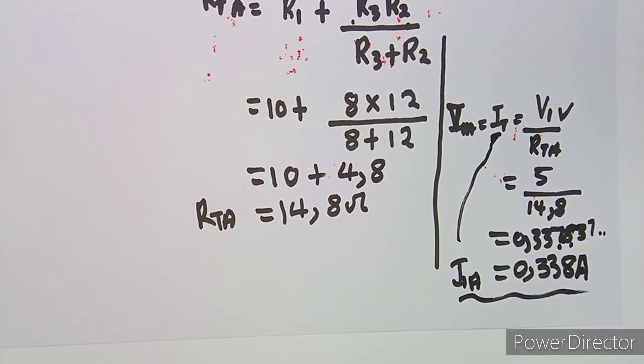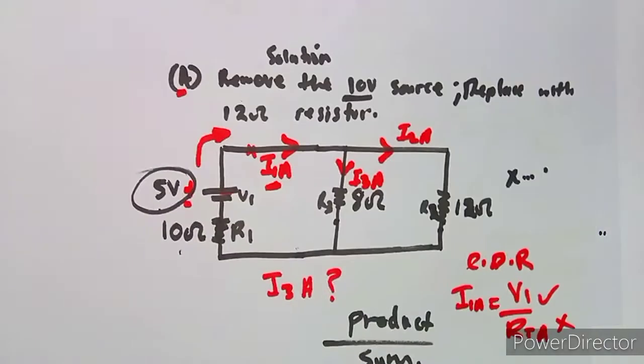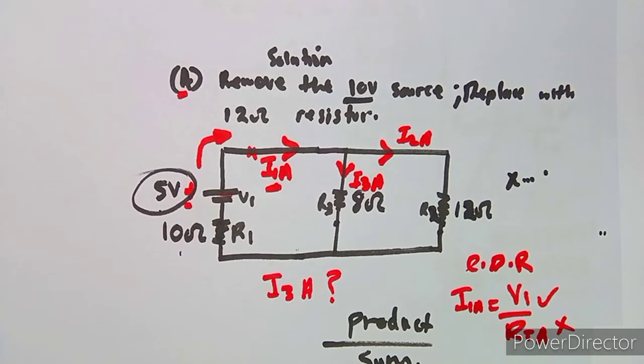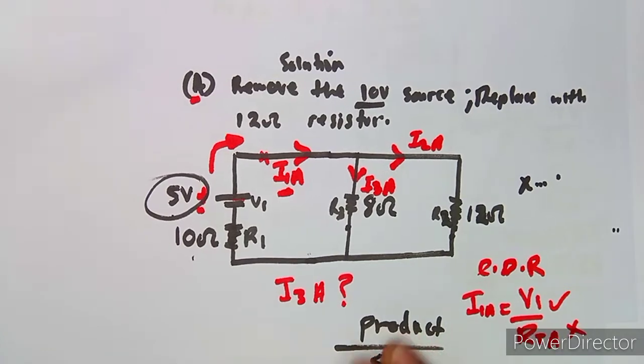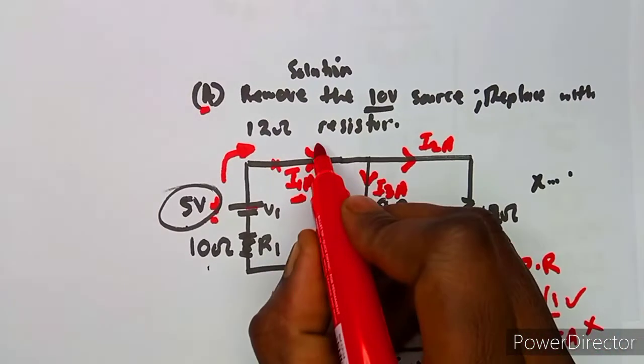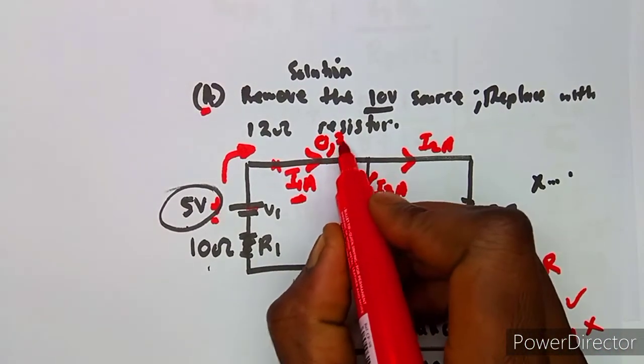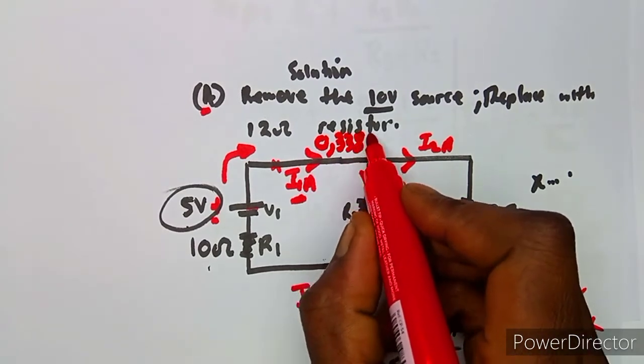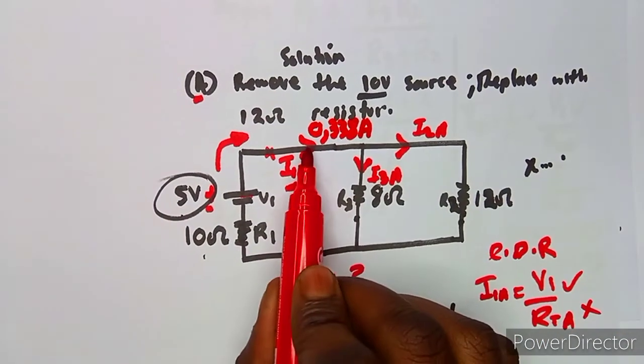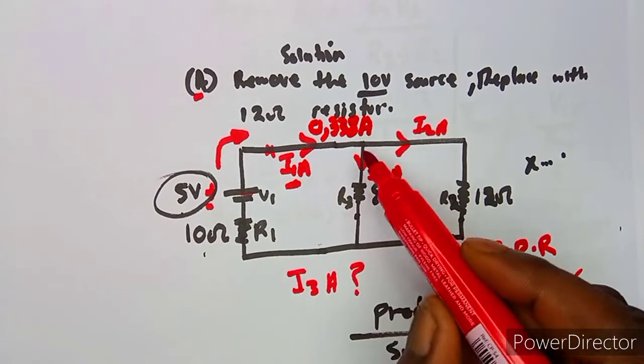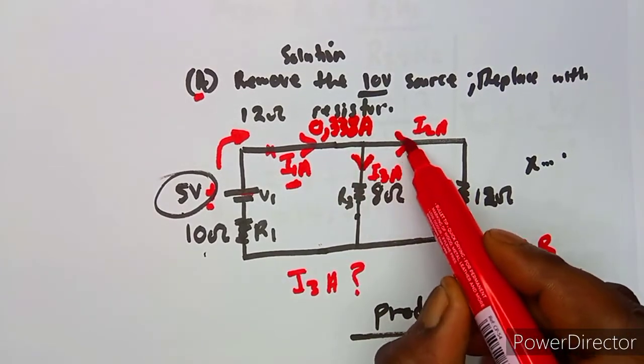It's one and the same thing. So now what we need is to apply the current divider rule, because remember, this current here of 0.338 amps is flowing here. So it is the one that is going to branch here and also branch here.